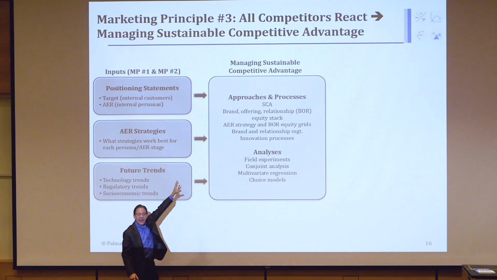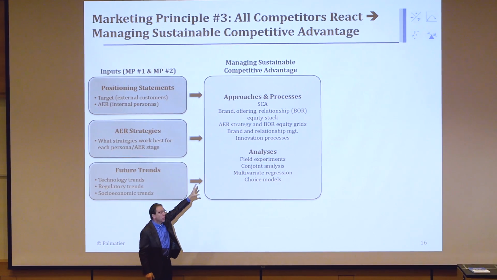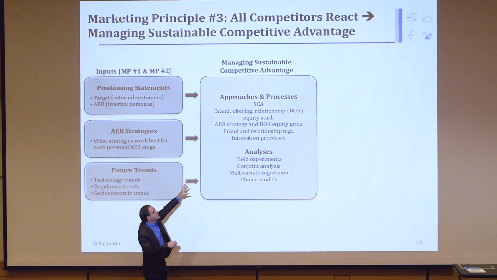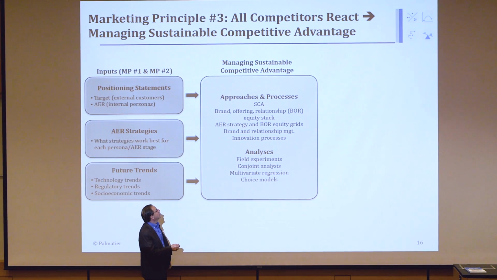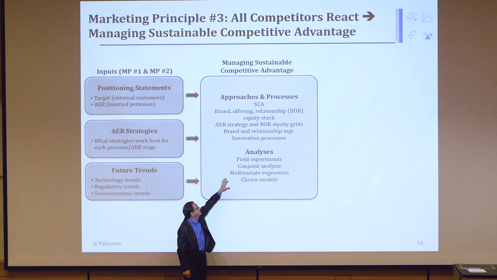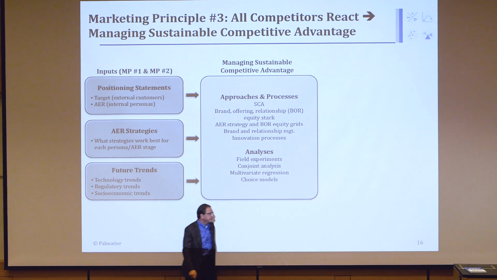This goes through the same framework of approaches, processes, and analyses for managing sustainable competitive advantage. We're going to look at things like the equity stack, BOR strategy and BOR equity grids, brand and relationship management, innovation process. We're also going to look at a number of analyses: field experiments, conjoint, multivariate, choice models.